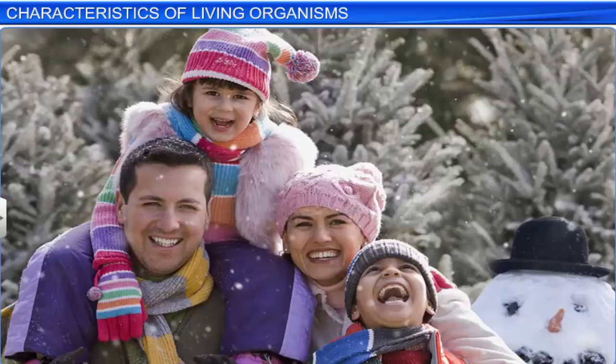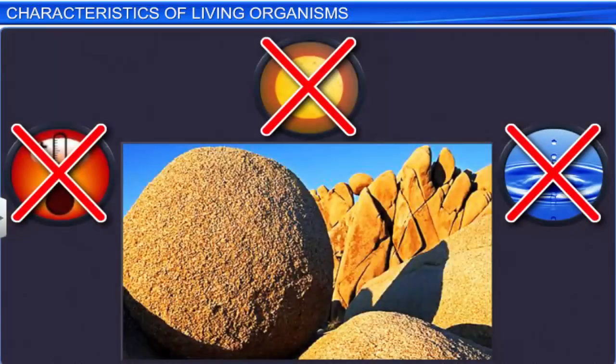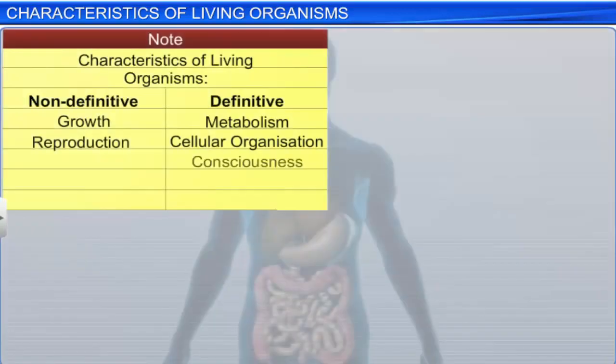For instance, in winters, they wear woolens to keep their bodies warm. Non-living objects don't respond to external stimuli. Consciousness is therefore another definitive characteristic of a living being. Thus, we can say that metabolism, cellular organization, and consciousness are the three definitive characteristics of living organisms.